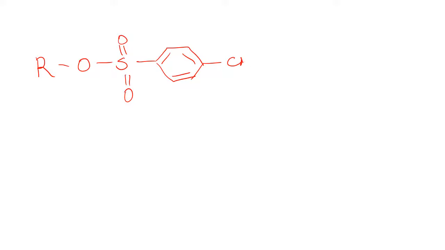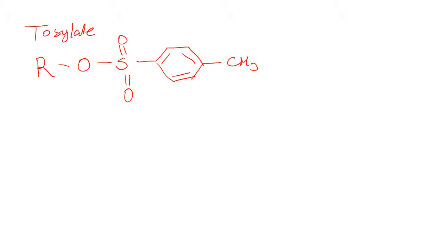So in conclusion, when we have tosylates that are reacted with our compound of interest to make it into a good leaving group, we basically end up with our compound of interest, oxygen, S double bond O, benzene ring, CH3. This is tosylate.